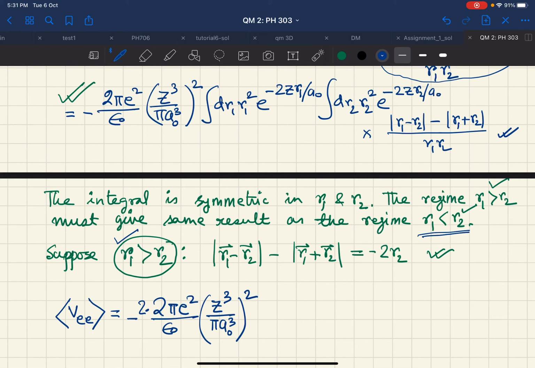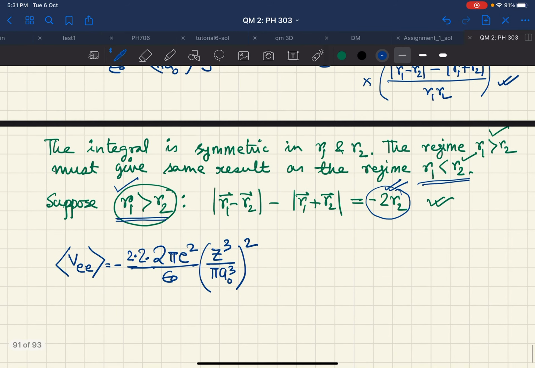But then there will be another 2 because we are looking at R1 greater than R2, and this part, |R1 minus R2| minus |R1 plus R2|, is going to give us minus 2 R2. So this minus 2 has to be taken care of. So let us put another 2 here, but then our minus sign also has to be kept. So this is equal to minus this thing.